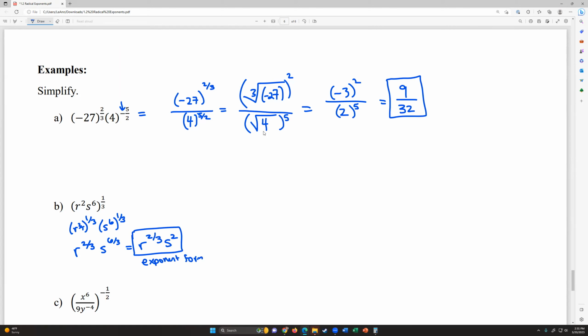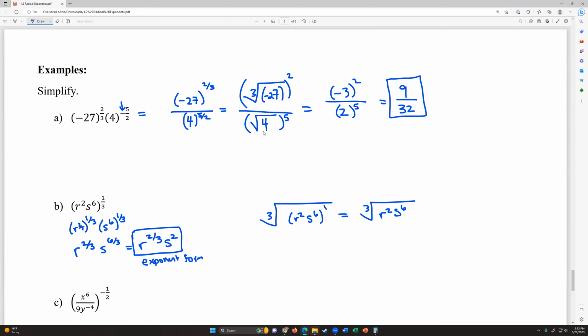Okay. If my directions wanted me to write my final answer in radical form, then I would turn this into a radical. It would be the cubed root of all of that, since it's all in a parentheses, raised to the 1st power. So we want to see that this is truly the same answer. That's to the 1st power is still going to be r squared and s to the 6th.